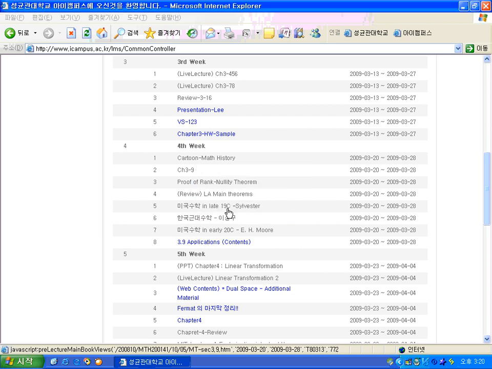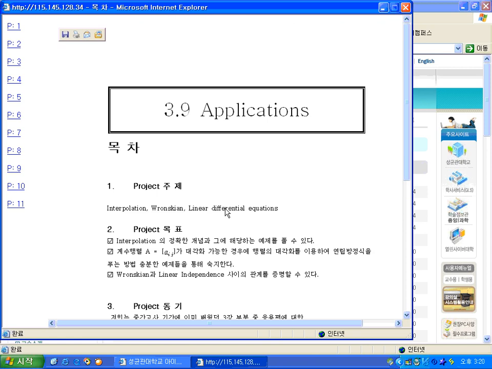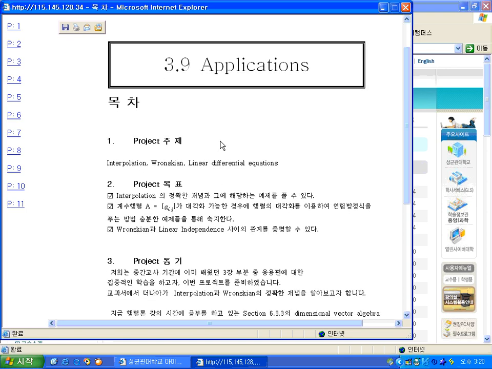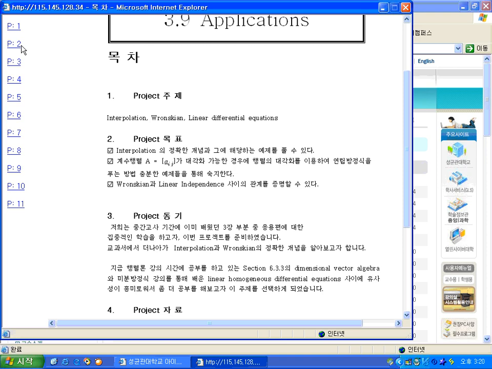And this is section 3.9, the applications of vector spaces, and here you will find interpolation and Wronskians, which was covered in section 3.9 in Korean.